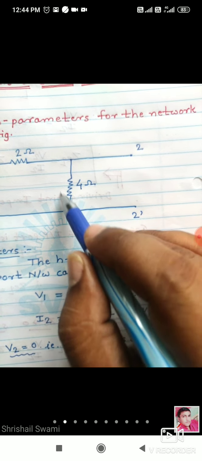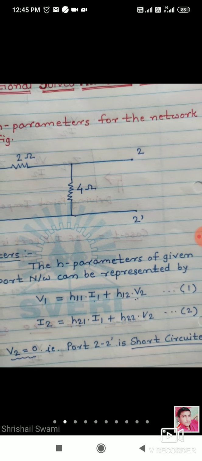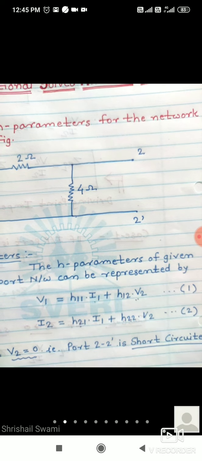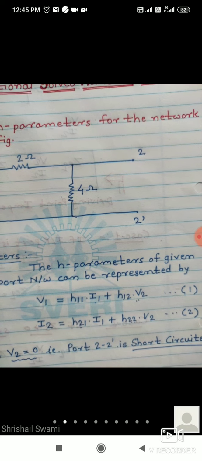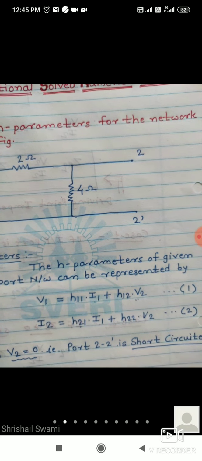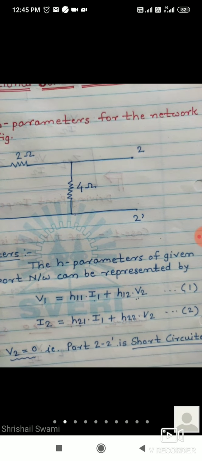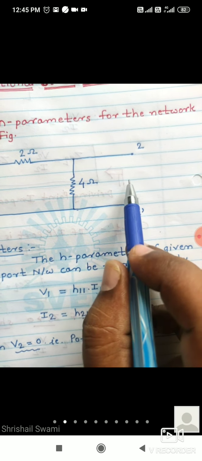What about the 4 ohm? Will the 4 ohm remain or become open? Here there is a short, and exactly parallel to the short is the 4 ohm. So will the 4 ohm become open or short? Yes, 4 ohm with 0 ohm in parallel combination gives 0 ohm. So only the two resistors remain and we can replace the 4 ohm by a short circuit.